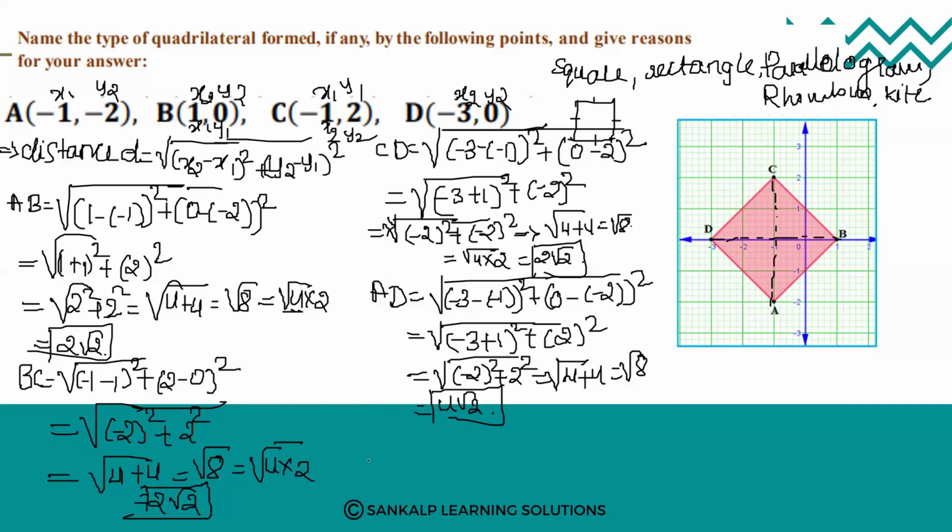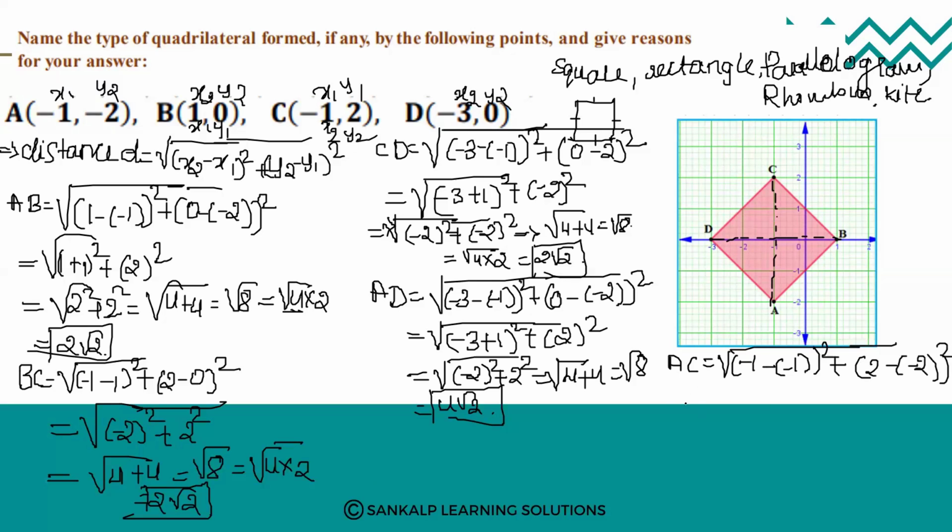Therefore, first find out the value of AC. Let us see what AC comes out to be, diagonal AC. A to C means the A value is x1, y1 and the C value is x2, y2. So for AC, x2 is minus 1 and x1 is minus of minus 1 whole square plus y2 is 2, 2 minus of minus 2 whole square, right?